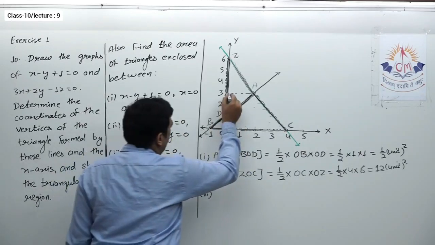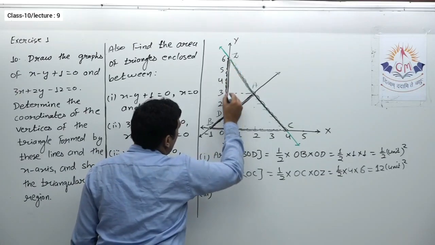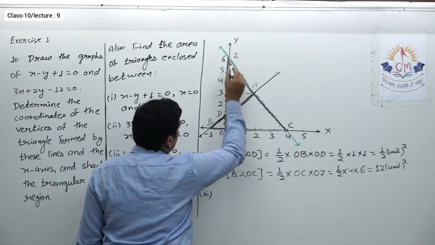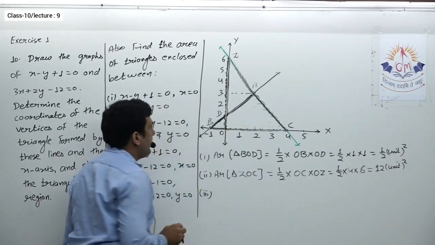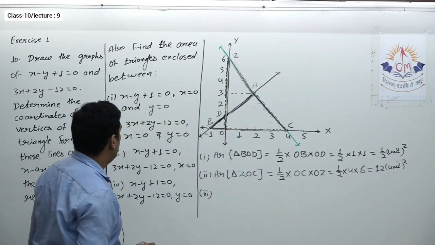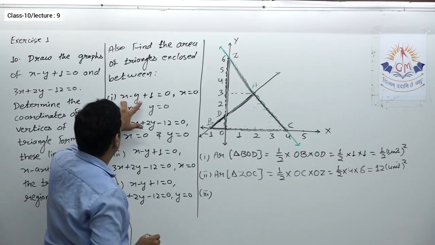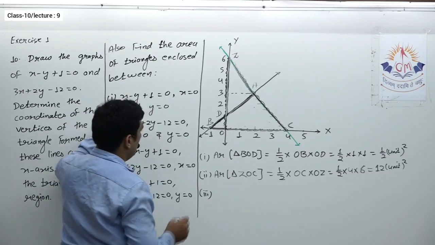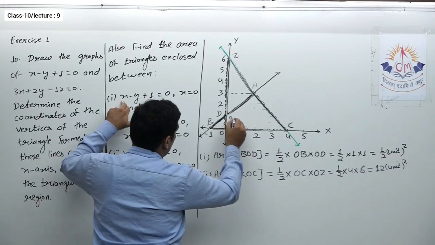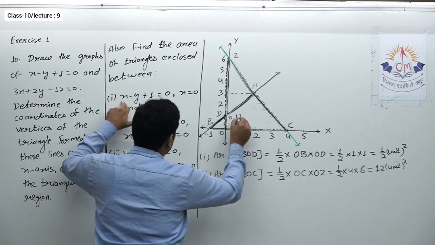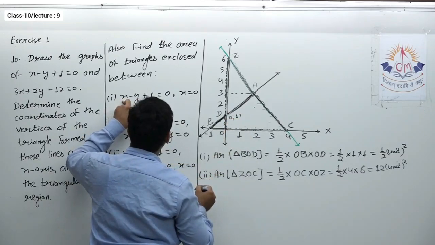This height you can get easily with the help of the graph. I think this must be 1, 2, 3, 4, 5 units. This point is 0, 1, x0, y1.